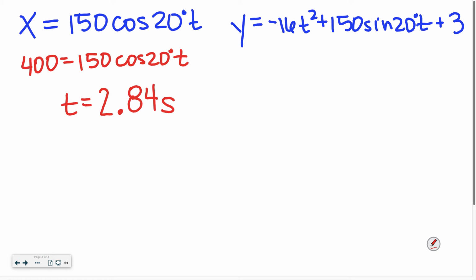Please make sure that you're dividing by the entire quantity. So you're taking 400 divided by parentheses, 150 times cosine of 20. Otherwise, it's going to take 400 divided by 150 and then multiply by the cosine, and that's not what you want. So it takes our ball 2.84 seconds to reach the fence.